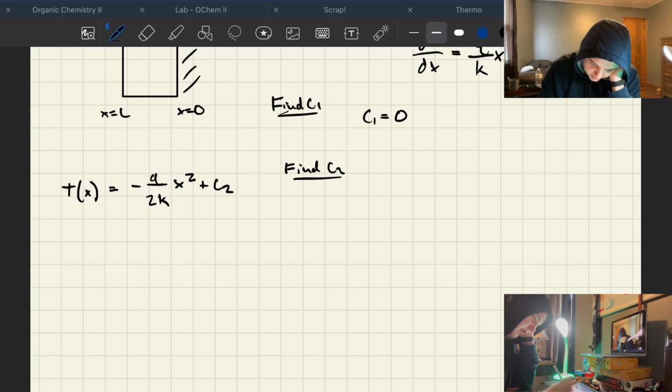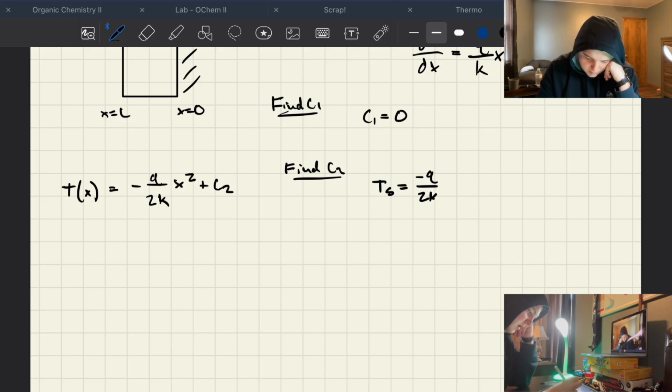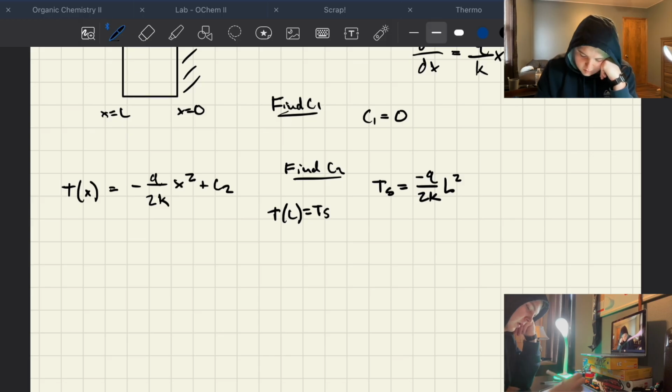Okay, let's just get started. So we're going to have Ts, that would stay the same, and we're going to have L squared. This is for T at L, which is Ts, and then C2.